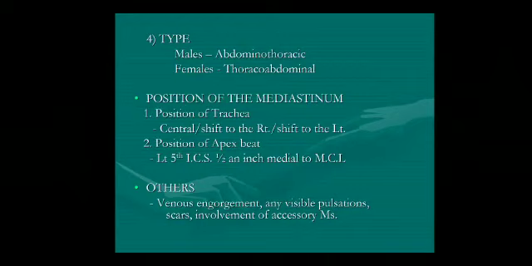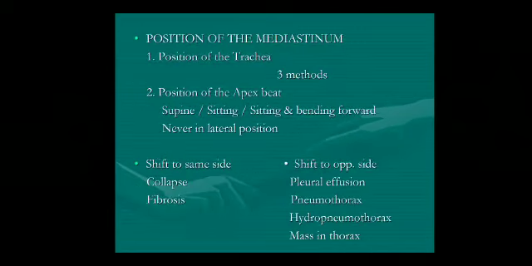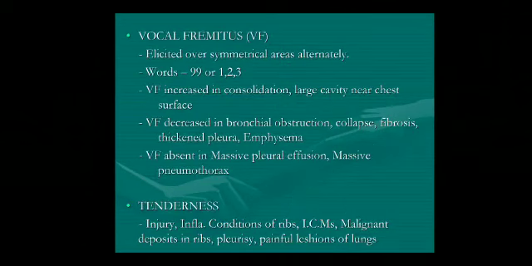Next, vocal fremitus. The procedure was explained: you ask the subject to say 1-1 or 9-9, and simultaneously palpate with the ulnar side of the hand over the areas I mentioned in the last class, and compare with the opposite side.